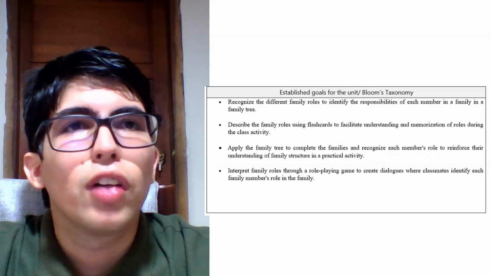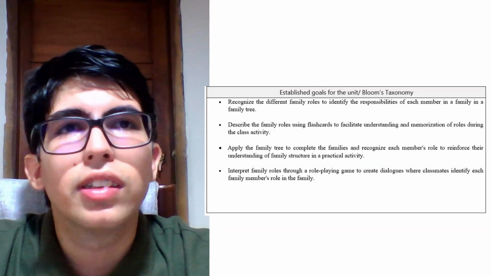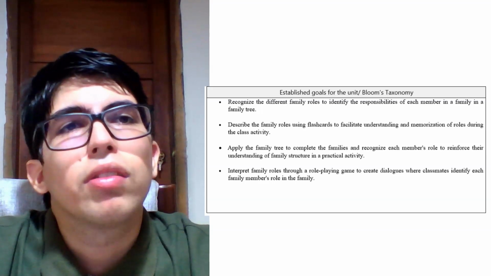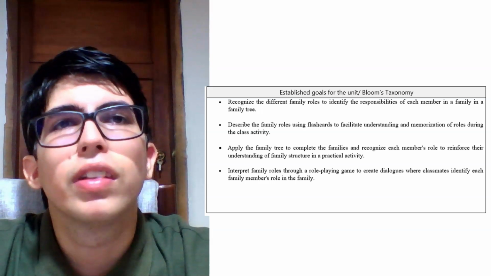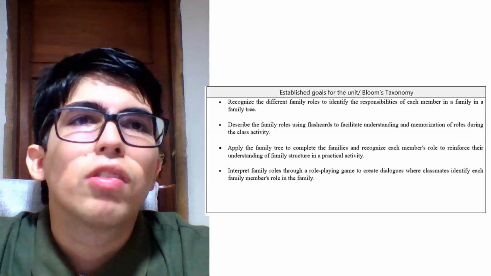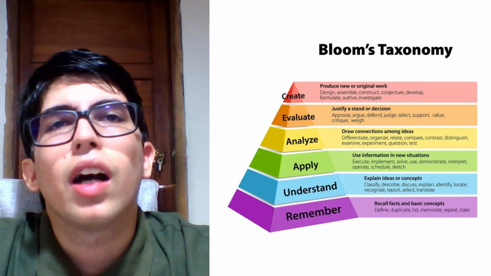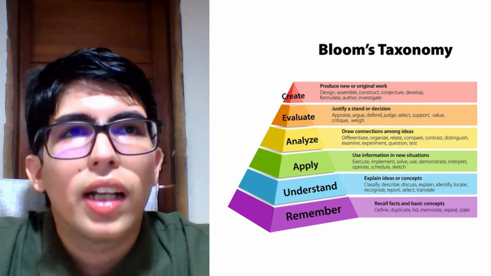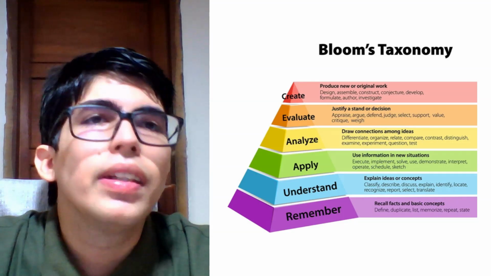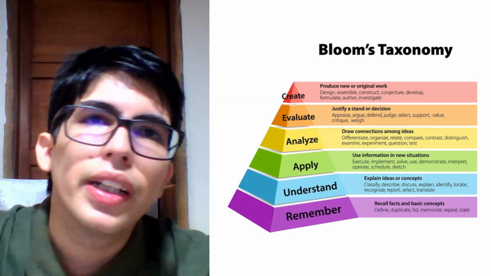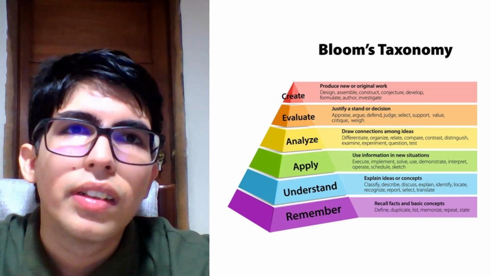According to Bloom, 1956, we establish specific cognitive objectives, such as recognizing, describing, applying, and interpreting family relationships, using English vocabulary. We use Bloom's taxonomy, where the objectives are distinct.